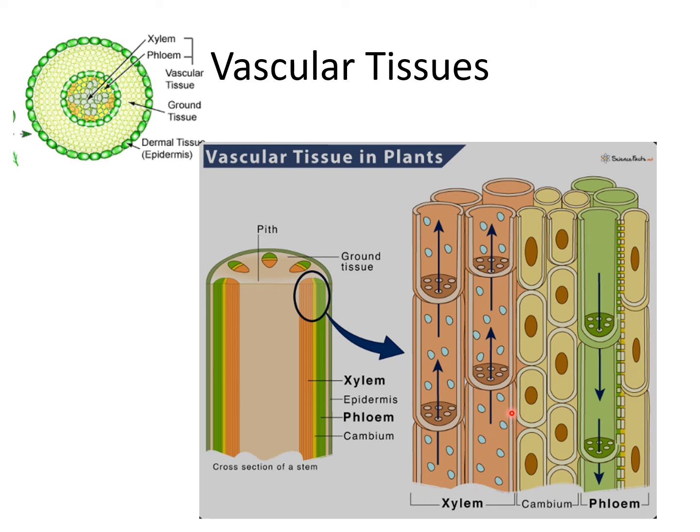The direction of this movement also is important. Water is transported from the roots to the aerial part, whereas food is transported from leaves downwards to the root, also laterally to other aerial parts of the plant.